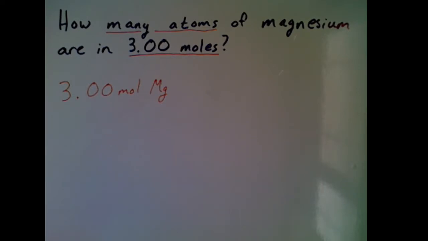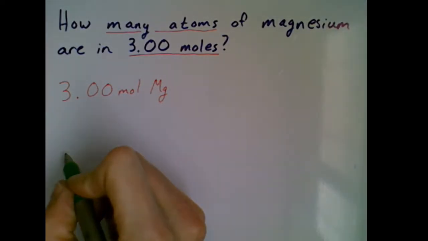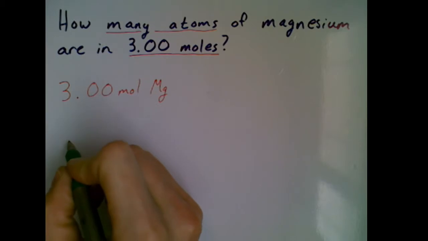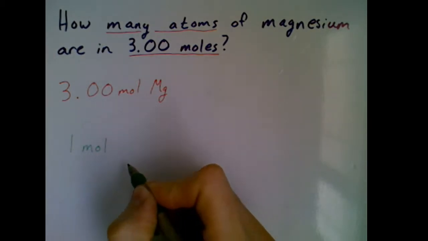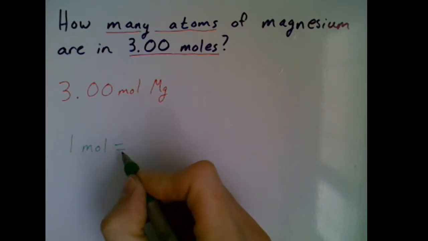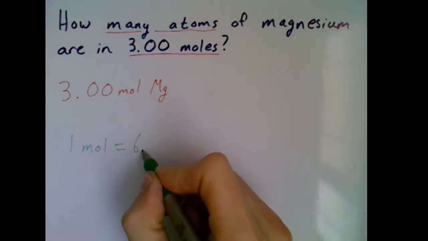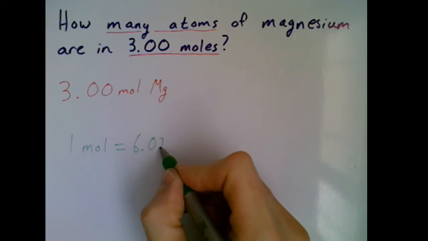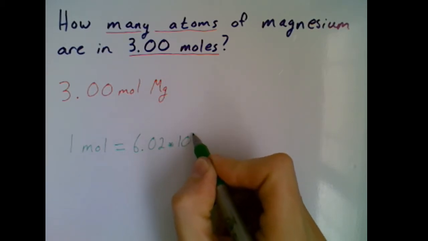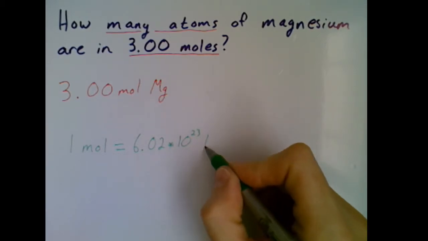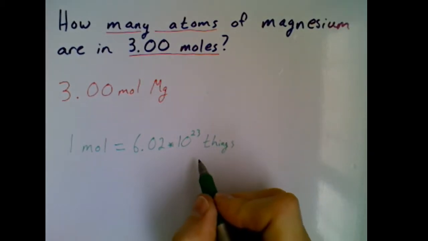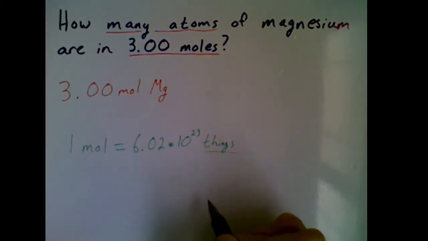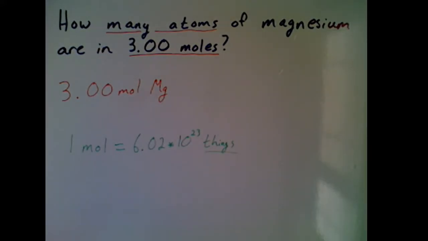Luckily, there is a ratio that we already know, we just really haven't explicitly talked about it. And that is the fact that 1 mole of any substance is the same thing as 6.02 times 10 to the 23. I'm literally just going to write things here because it can be anything, even magnesium atoms.